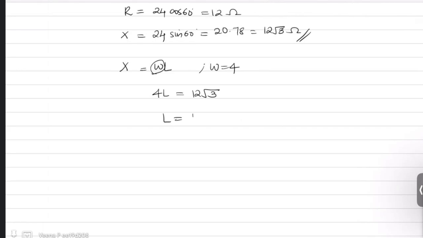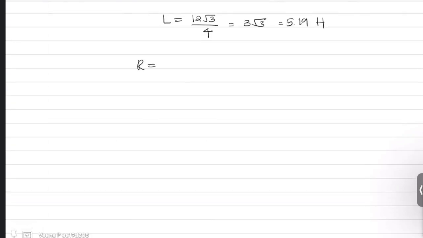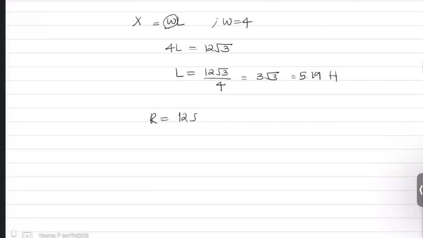That means L is 12 root 3 by 4, which is 3 root 3. Now 3 root 3 is 5.19. That much Henry. So the resistance is 12 ohms and the inductance is 5.19 Henry.